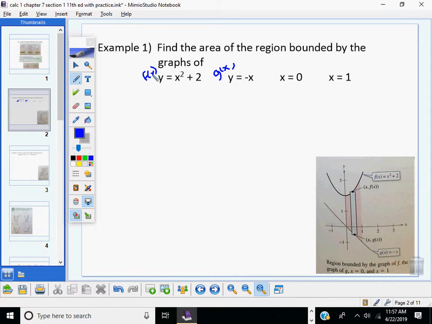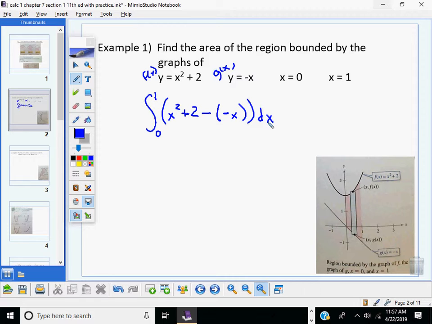All right, so we're going to do the integral from 0 to 1 of f of x, which is x squared plus 2, minus g of x, which is negative x. And all of that would be dx.